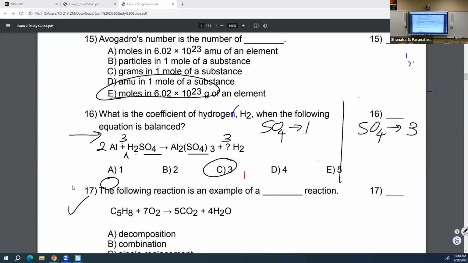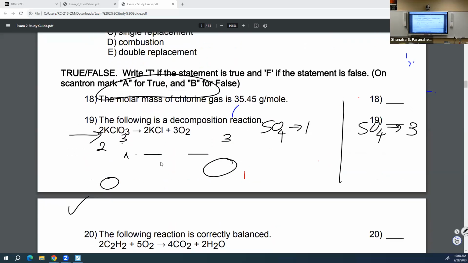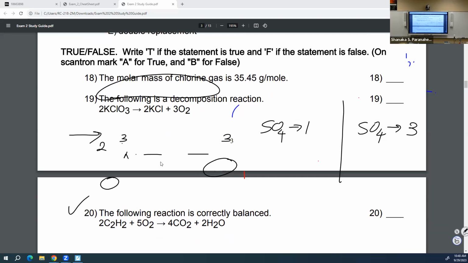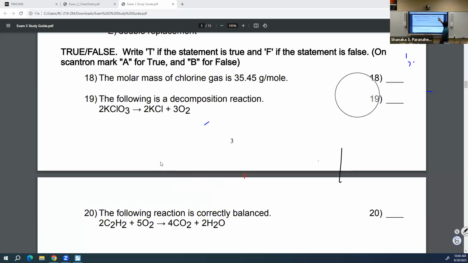3 more questions, 2 minutes. True or false: the molar mass of chlorine gas is 35.45. Is it true or false? Okay, so that's why I picked this question. So what is chlorine gas?